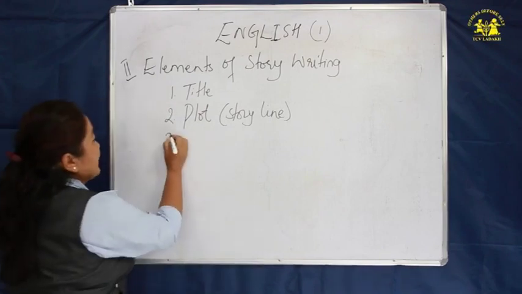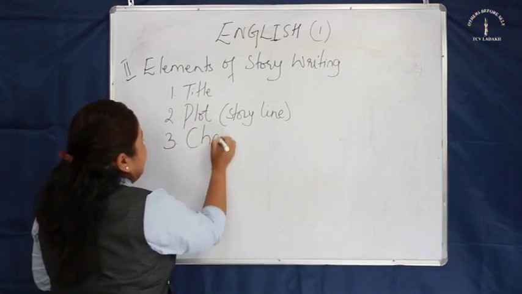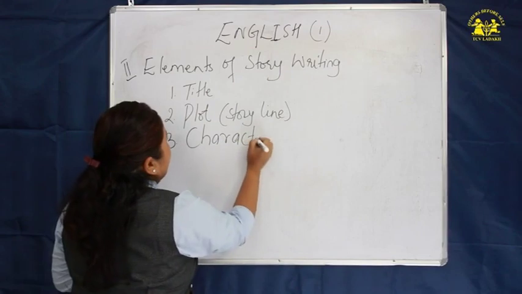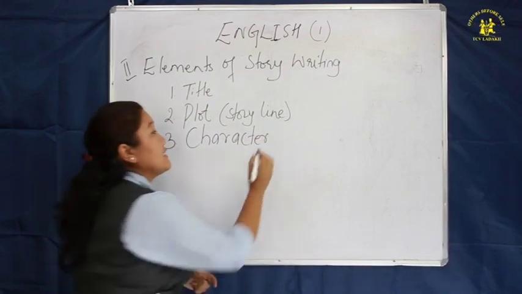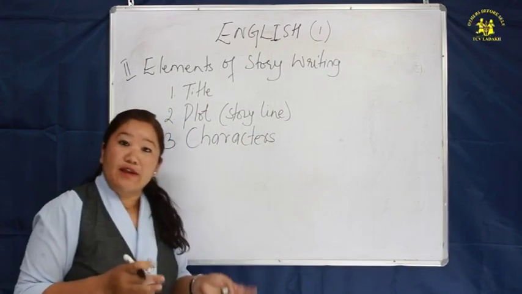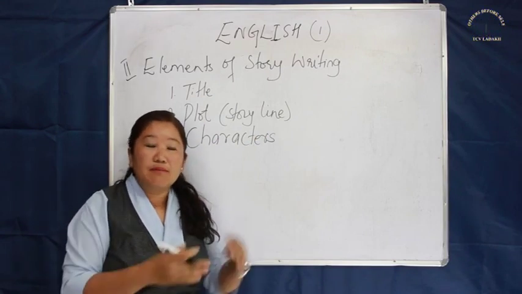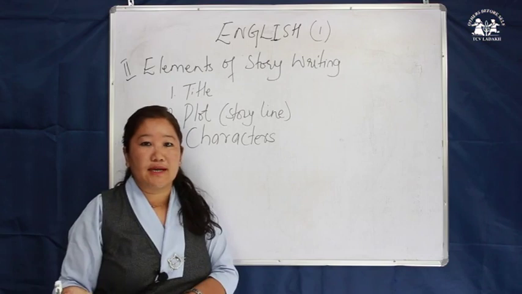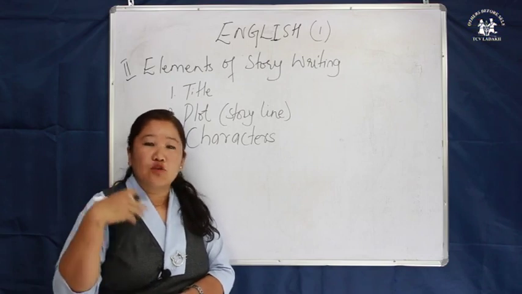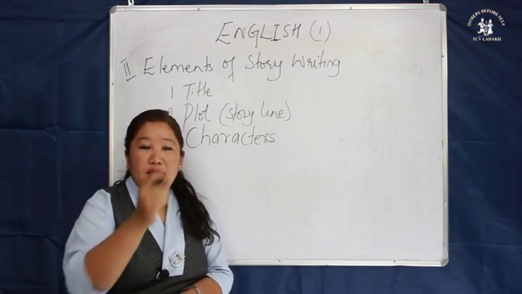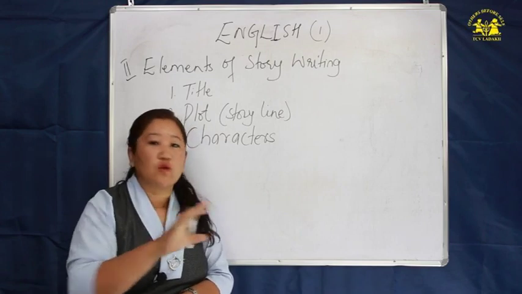The third thing is the character. Okay, the character or characters. That's very important in your story. When you think about this character, it can be an animal character or a human character. That depends, all right? Many a time, the character will be given in the question itself.